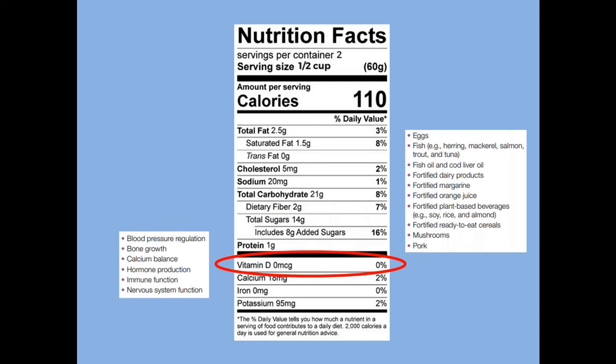Vitamin D, very important. You do make it on your own: getting sunlight during the day, your body will produce vitamin D. But it's part of blood pressure regulation, bone growth, calcium balance, and everything you see there, nervous system functions. And on the right, not to read each one individually, but this is where you can get vitamin D from.